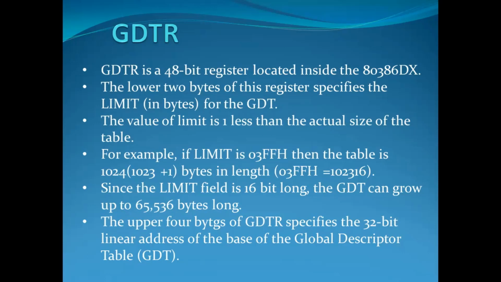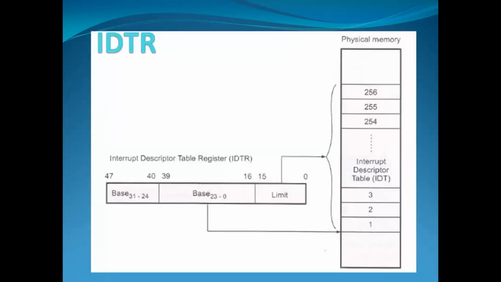So here we'll find the IDTR. Format of the IDTR: a base and a limit, where the 16-bit limit is from bit 0 to 15, and a 32-bit base address is there. The base address accesses the interrupt descriptor table in physical memory locations, as shown in the figure.